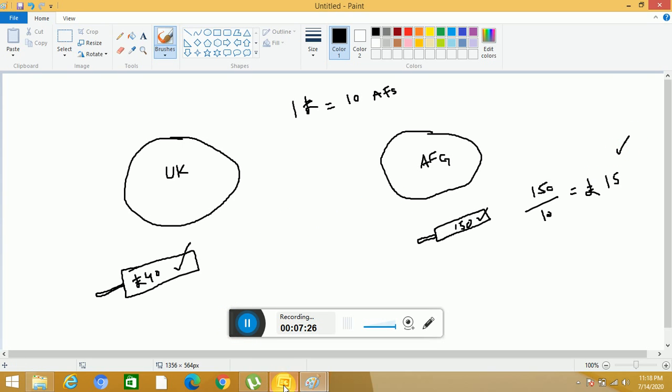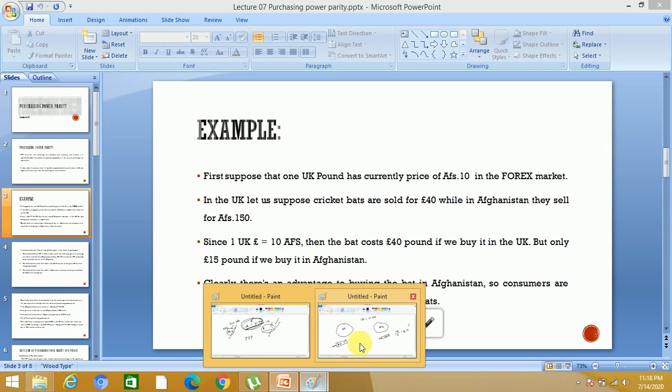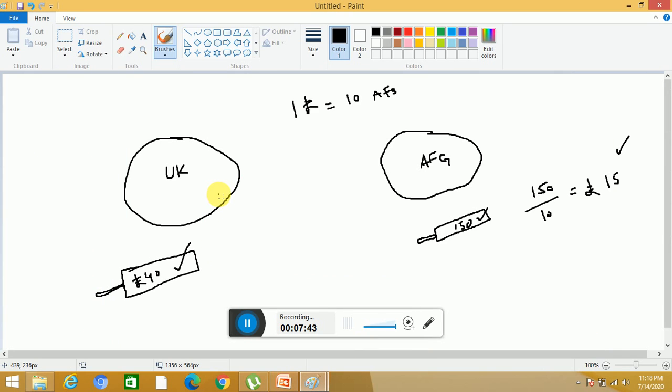Now what will people do? See, clearly there is an advantage to buying the bat in Afghanistan, so consumers are much better off going to Afghanistan to buy their bats. What will people do? From UK, they will come to Afghanistan, they will buy cricket bats for 15 pounds and will take them back to UK and sell them for 40 pounds.